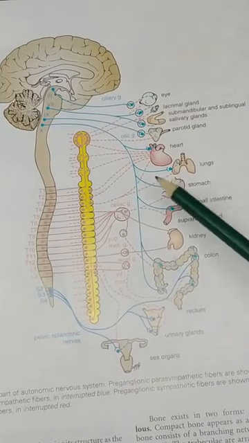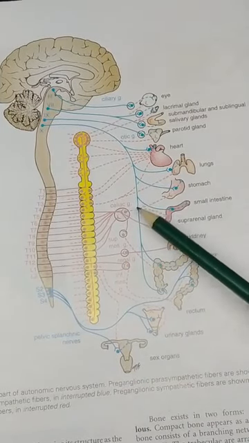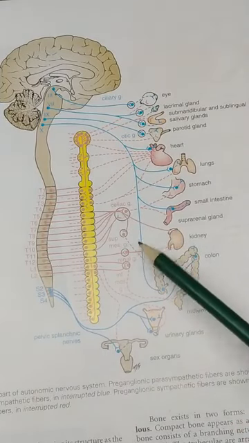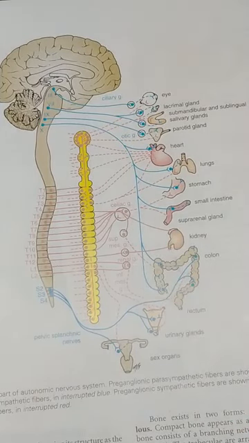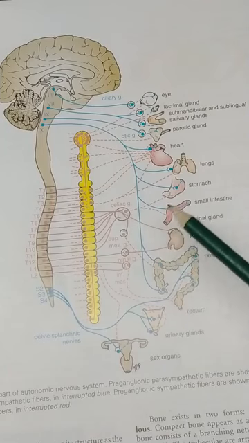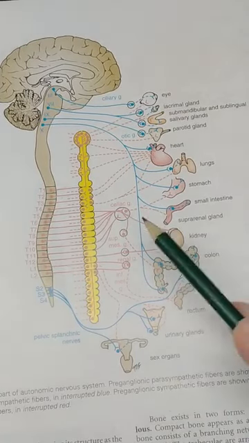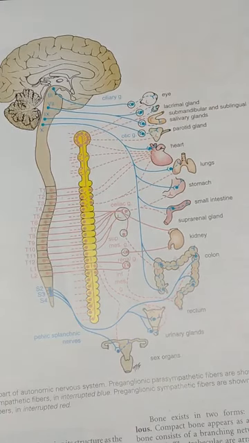Okay, so when you encounter the terms celiac ganglion, superior mesenteric ganglion, renal ganglion, inferior mesenteric ganglion, take note, if it is a ganglion, it is a sympathetic ganglion. But if the term is plexus, celiac plexus, superior mesenteric plexus, that is a network of fibers composed of sympathetic and parasympathetic fibers.